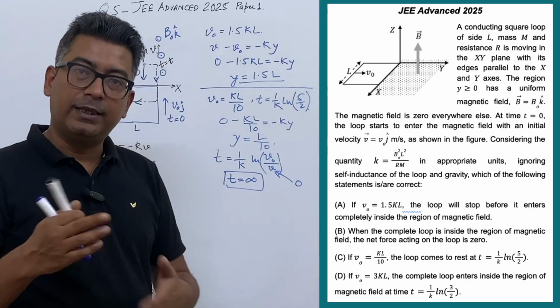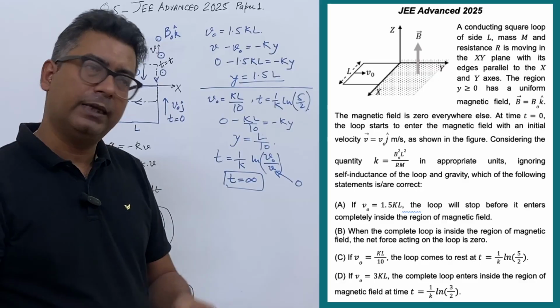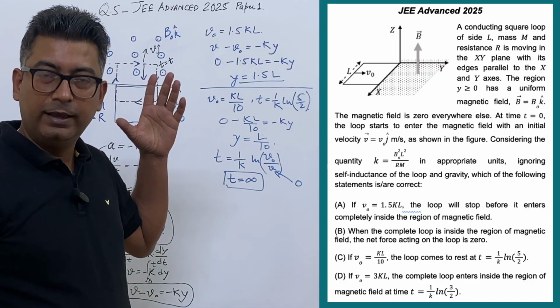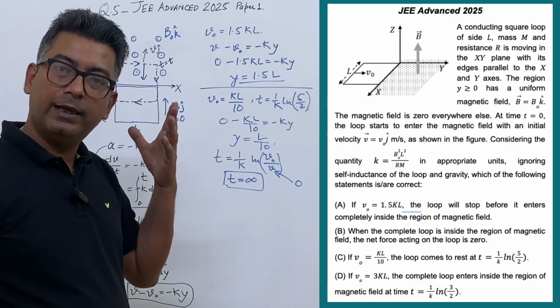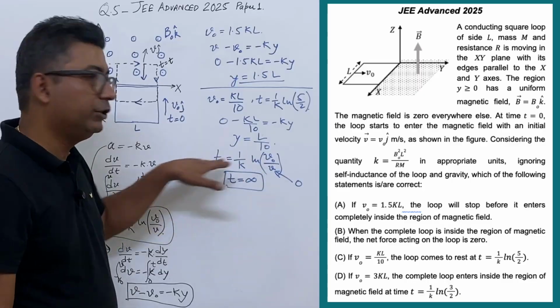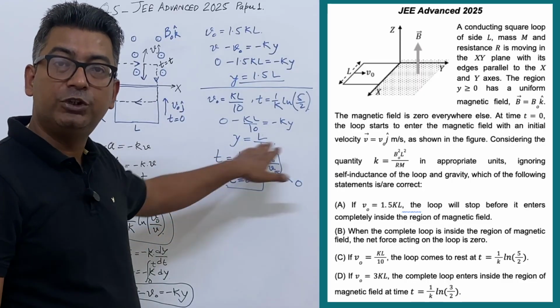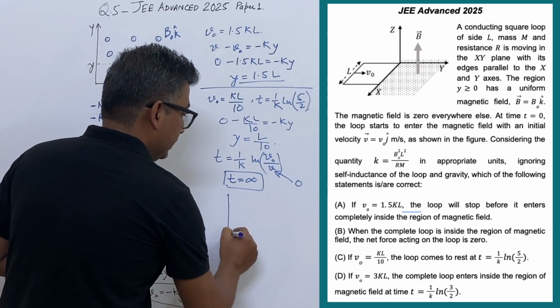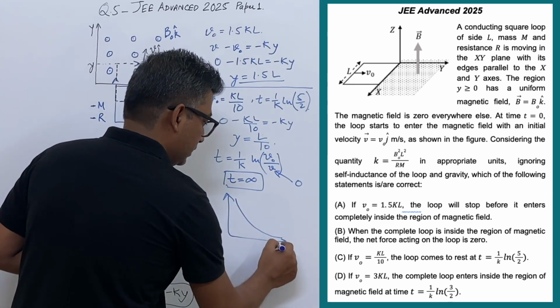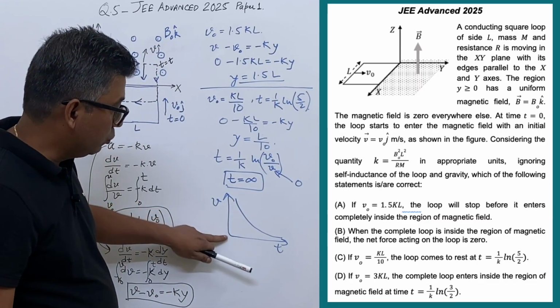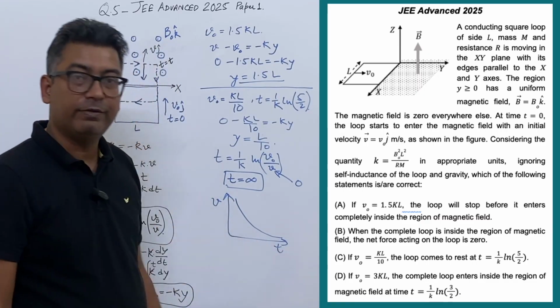But let's think about it. How can it happen that it stops at L by 10th distance and it takes infinite time? The reason is this is an exponential function, an exponential decay. So we know how exponential decay works, right? This is t and this is velocity. For velocity to be 0, t has to go to infinity.